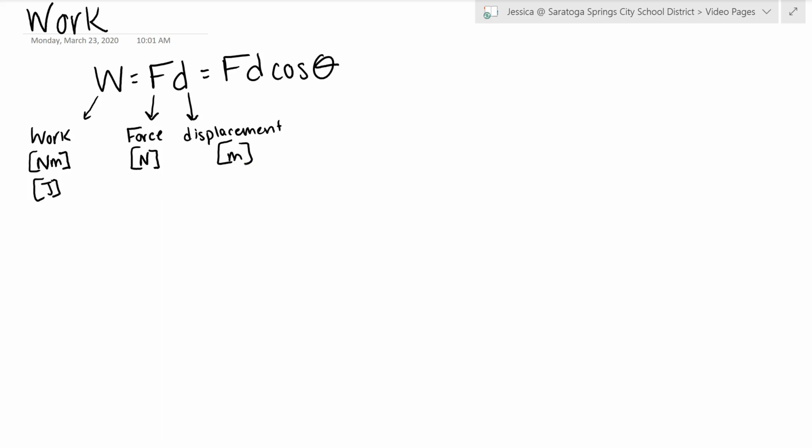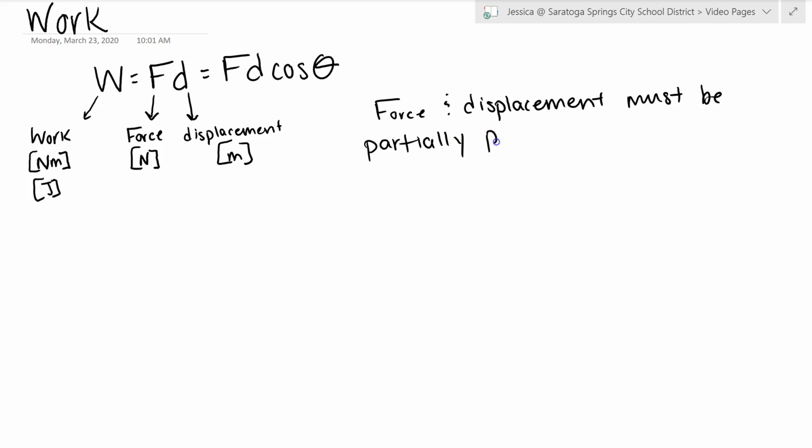Okay. So the reason we tack the cosine theta on there is because the force and the displacement must be parallel, or I'm going to say partially parallel, in order to do work.